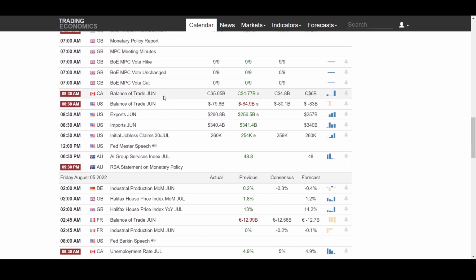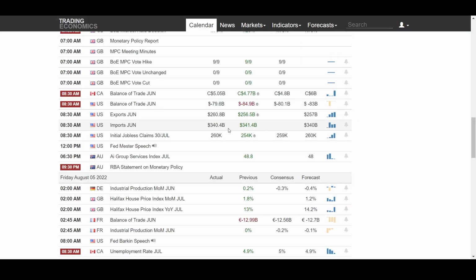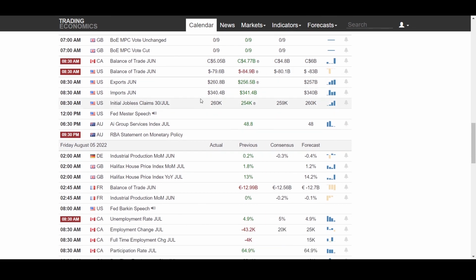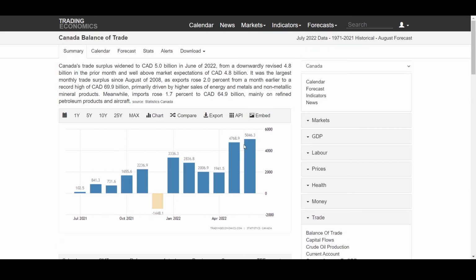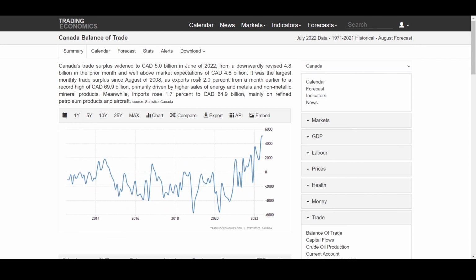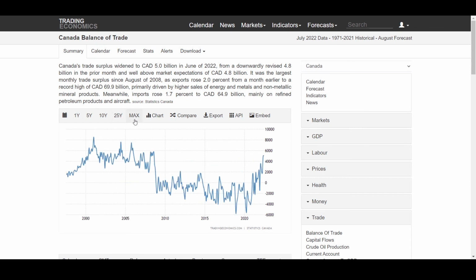In terms of balance of trade by Canada, we are going through much more positivity, within which right now Canada is one of the countries that is going through the crisis much better than their peers from the United States.